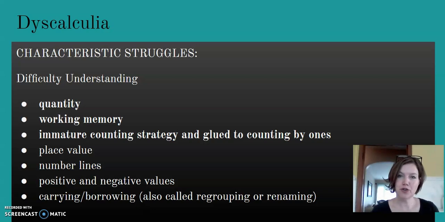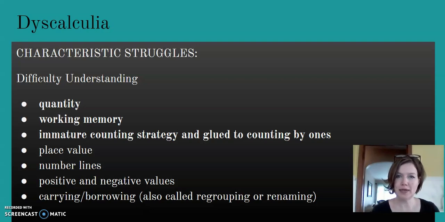They also have a difficulty with working memory, and so you can see how that would be problematic for fact memorization and formula memorization. They also have immature counting strategies, and they're very glued to the ones place, basically.